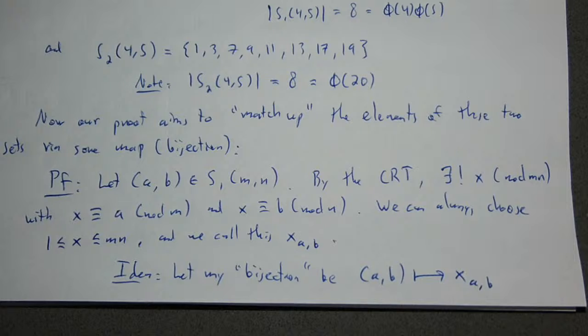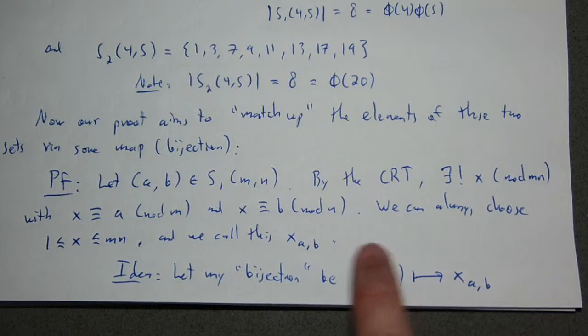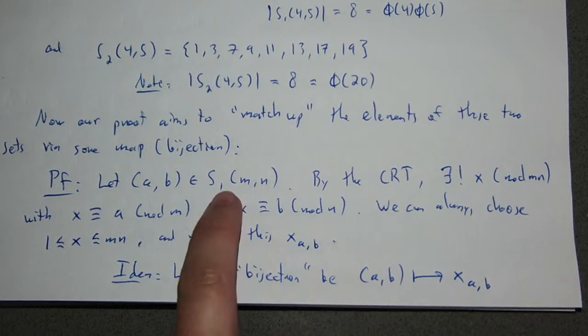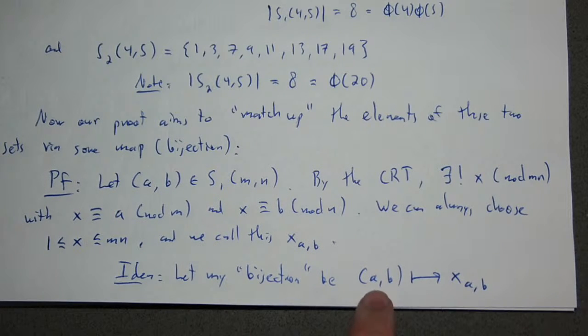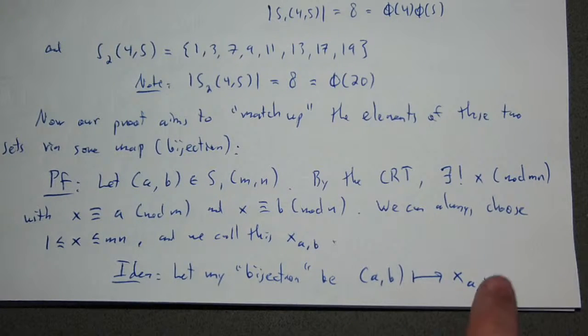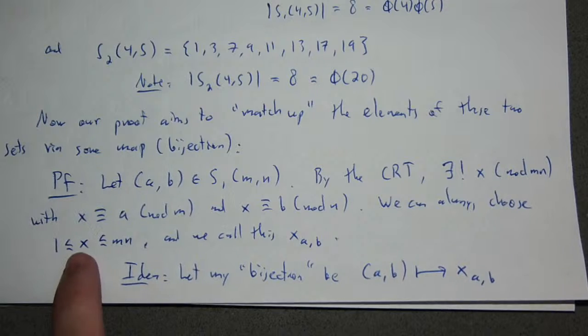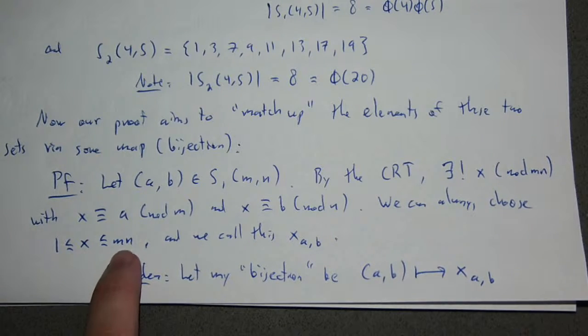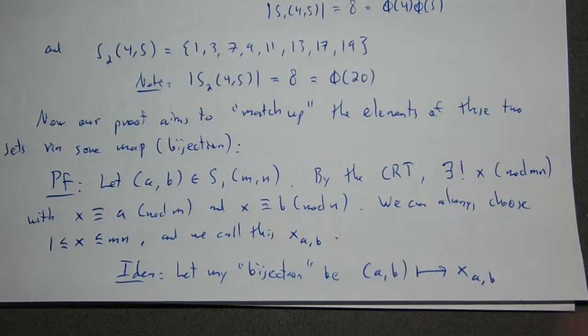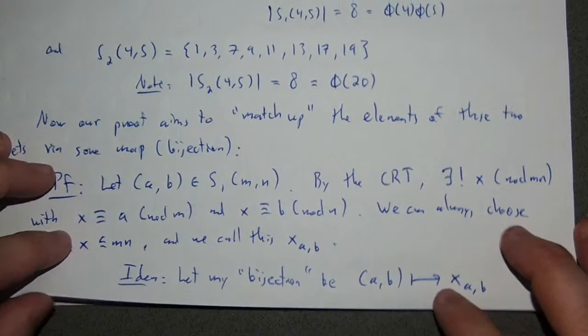All right. And so in this way, we'll see that it is going to map from our first set, which contains ordered pairs of integers (a, b), to integers between 1 and mn that are relatively prime to mn, as we'll see. So this is going to be the thing that does it.